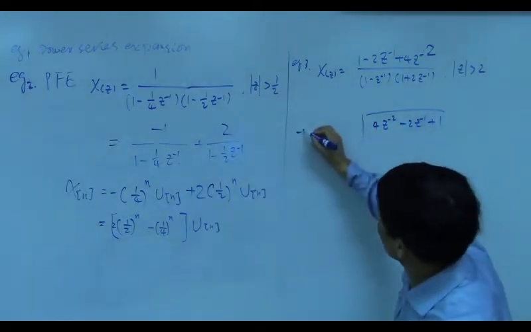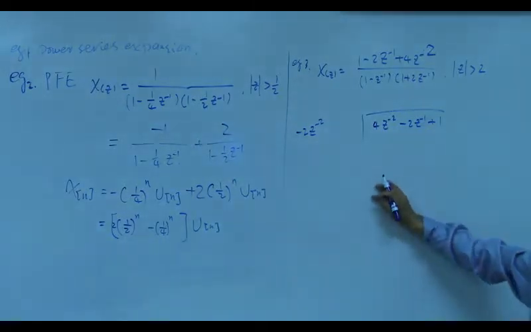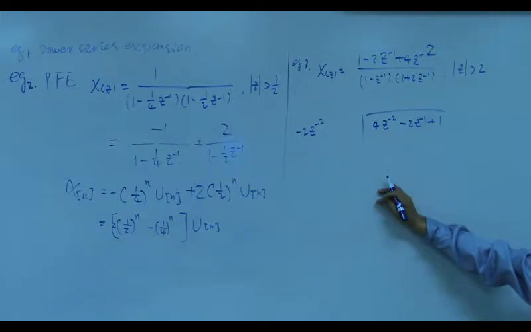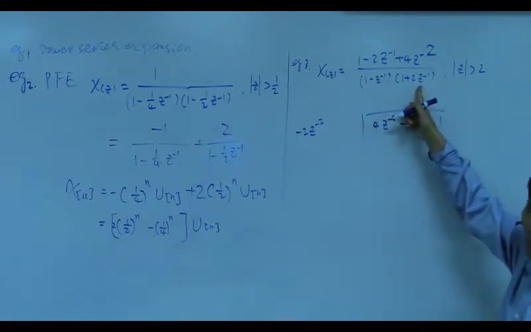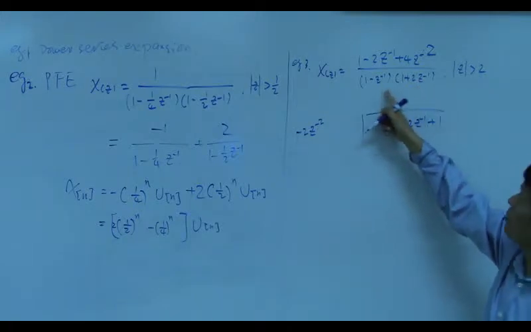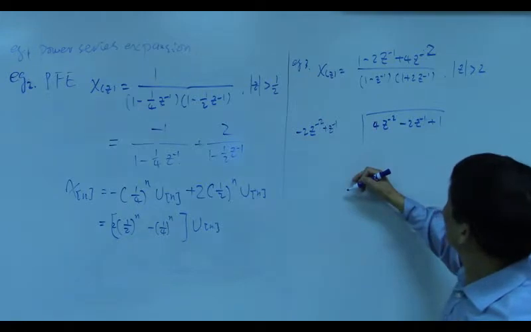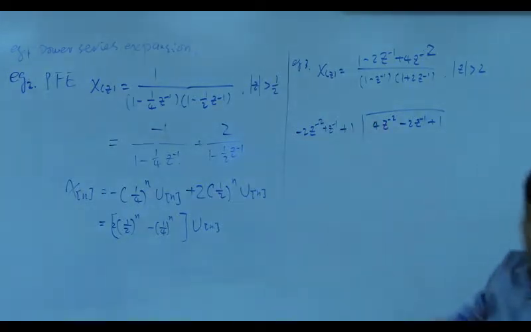So that is negative 2z to the negative 2. Everybody see this? That is this term times this term, right? Then this term times this term times this, so that is plus z to the negative 1. And then plus 1. Okay?